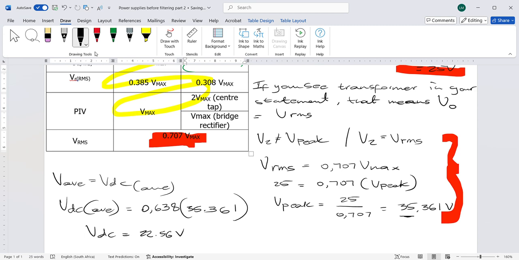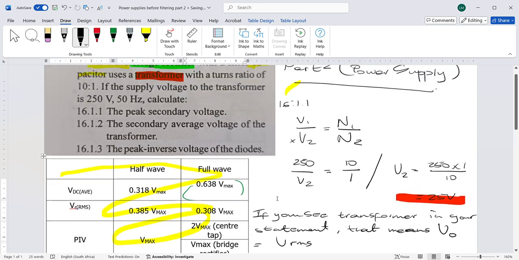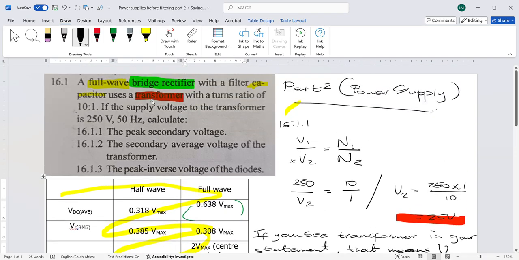So if you did not see the word transformer, what were you going to do? It's nice to use different colors here. Let me use blue.